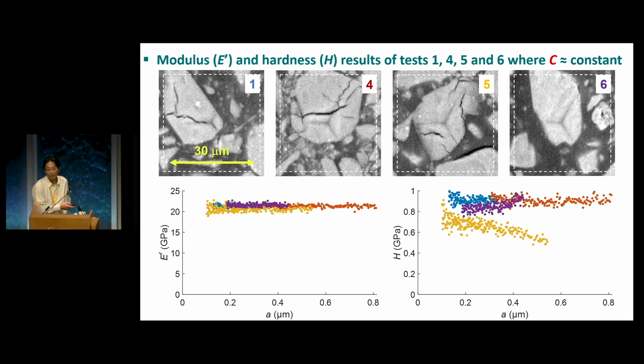And of the remaining 6, 2 more were excluded. One of them had an asymmetrical shape of the residual indent on the surface, and the other case had a strange bump in the curve.